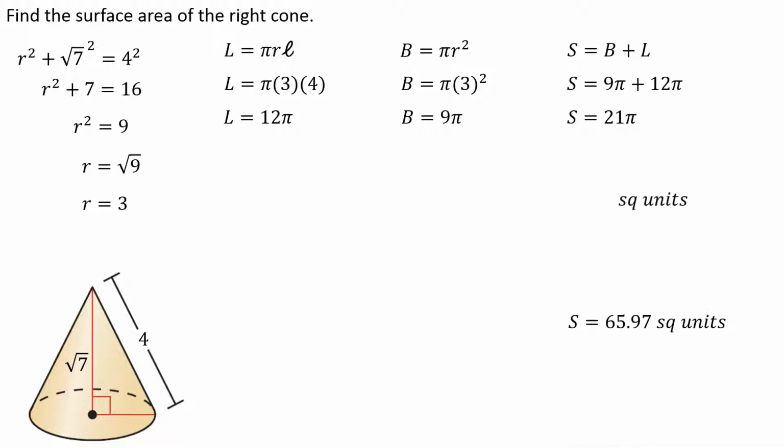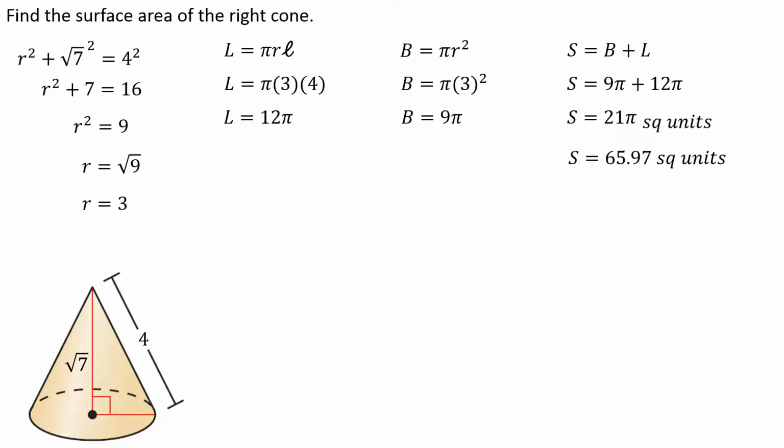Hey, the picture does not have any label. I don't know if I'm dealing with feet or inches or centimeters or angstroms or miles. So I have to put square units because I don't know what the units are. And then again, I can use my pi button on my calculator, or I can use 3.14 with my calculator if I want to get a decimal approximation instead of an exact answer.